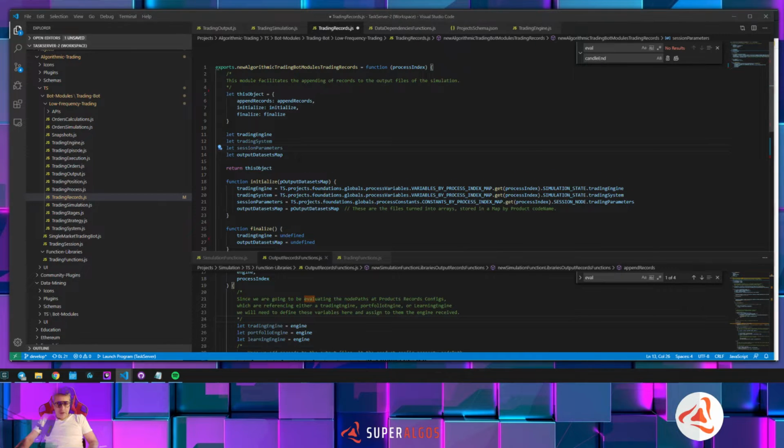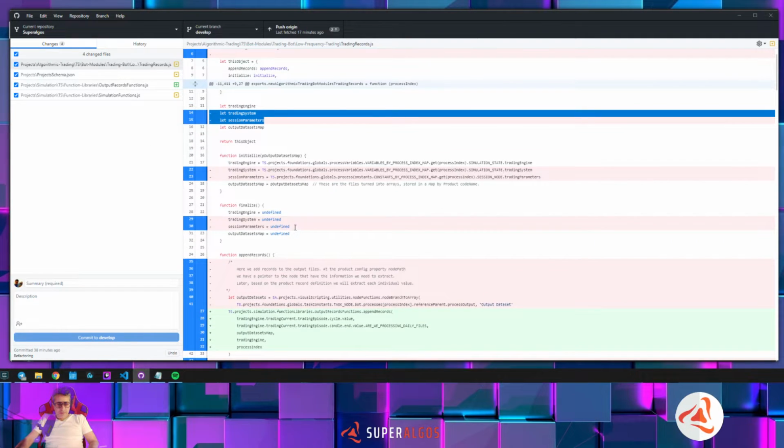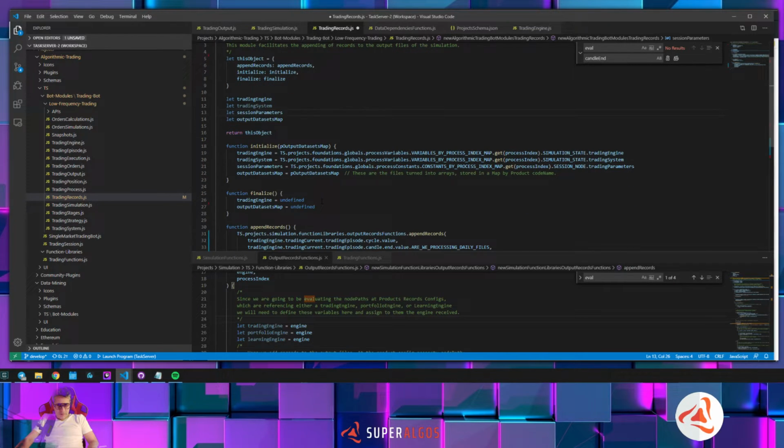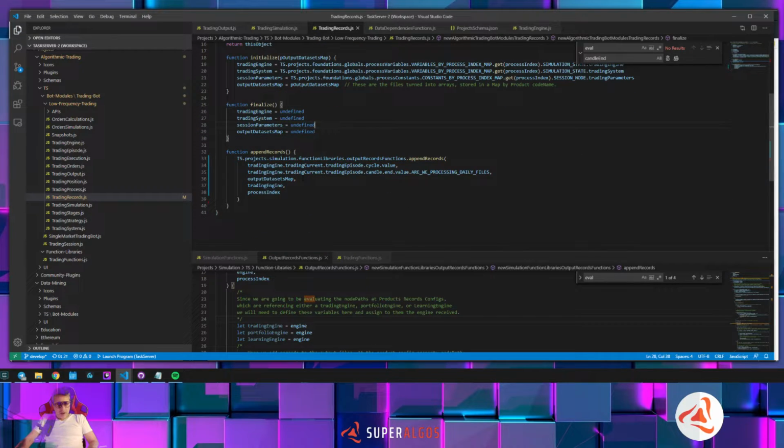We will need these two guys back. And these two guys back. We will also need to send the trading system and the session parameters here.